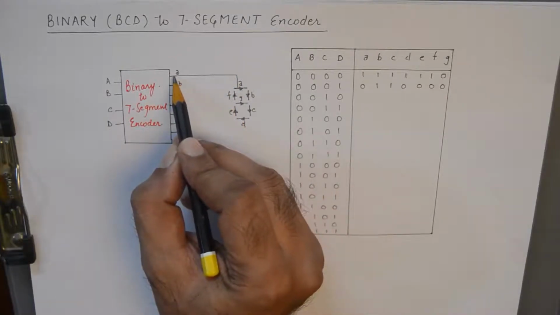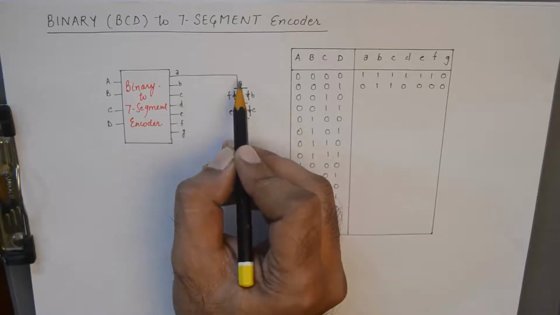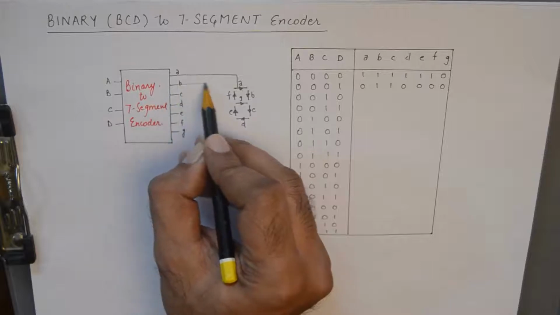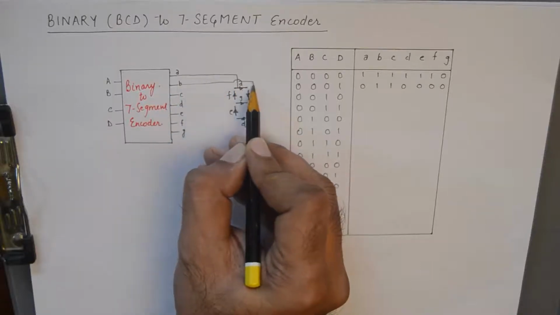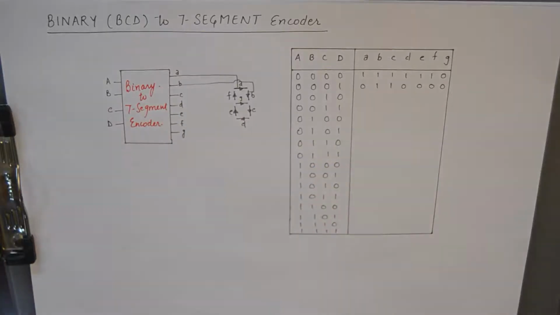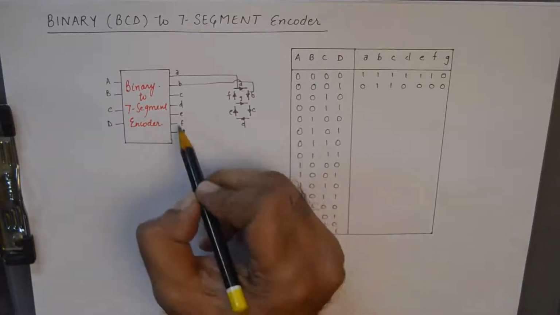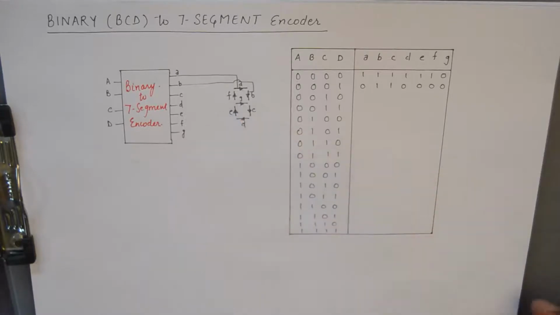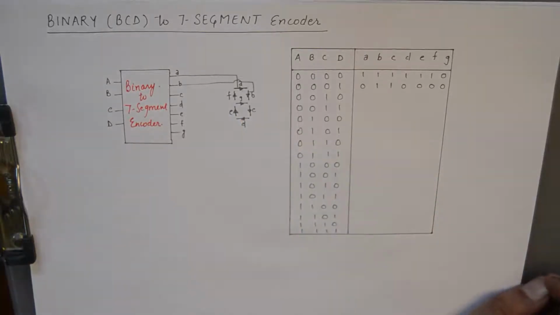This output is used to drive this LED, then B is used to drive this LED, and similarly C, and all these are connected in such a way that each of these outputs is going to illuminate one arm of the 7 segment display.